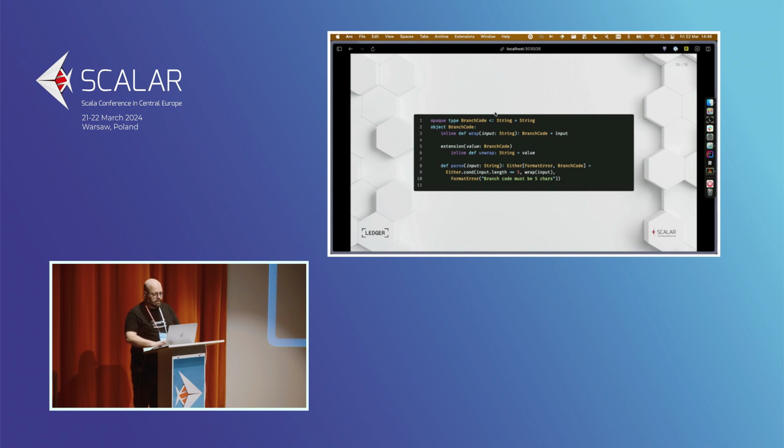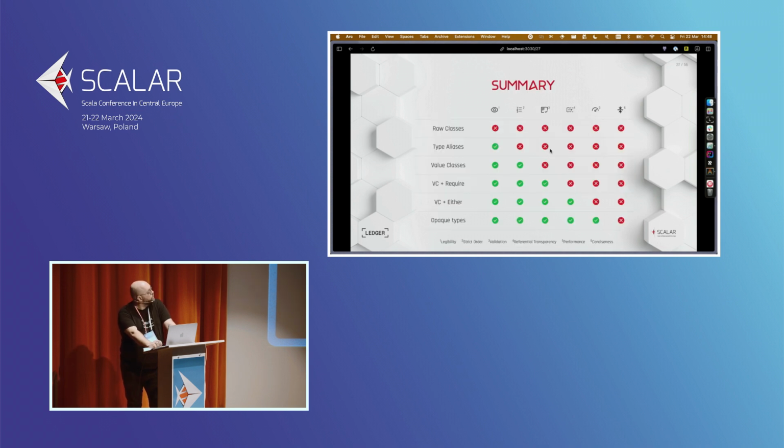Branch code will be a string, and we're at no cost wrapping a string into a branch code, and getting the value as an extension. And then again, the parse method that validates the data. And this has to be done for all your domain model.